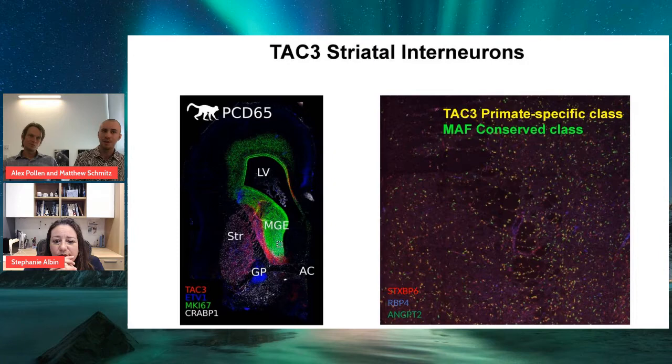And so we were very interested to see if they were manifest in development or if they were something that emerged only after cells had matured. And it turned out the answer was that this totally novel TAC3 positive striatal interneuron is in fact found in the developing brain of primates and not rodents or any other mammals.